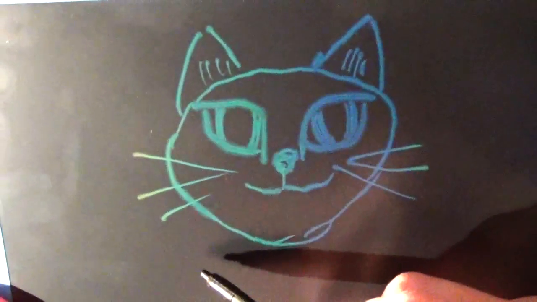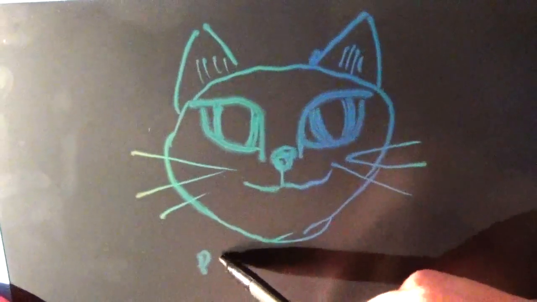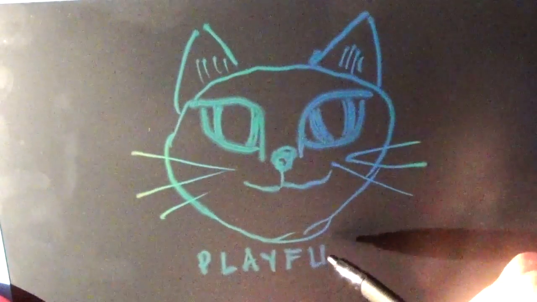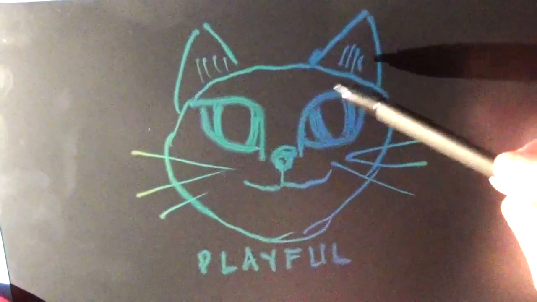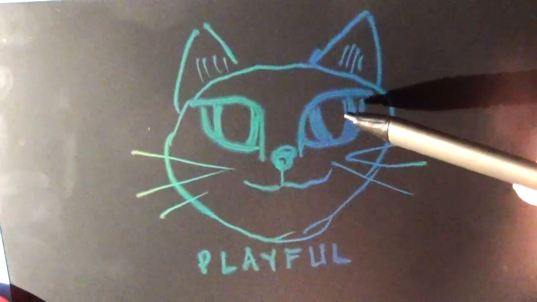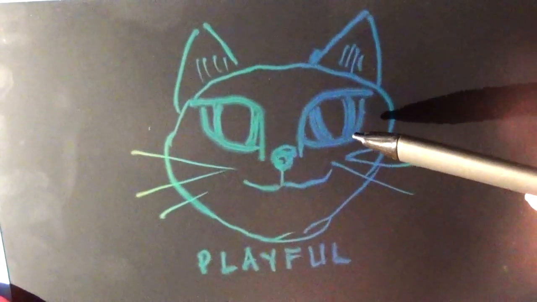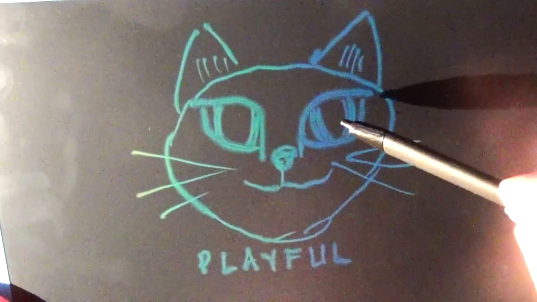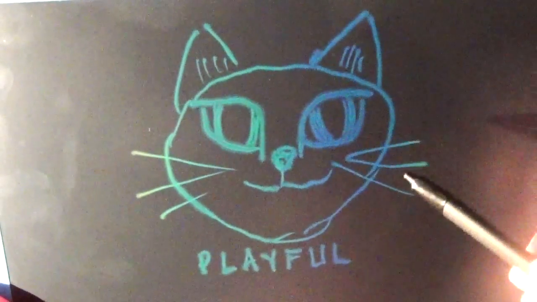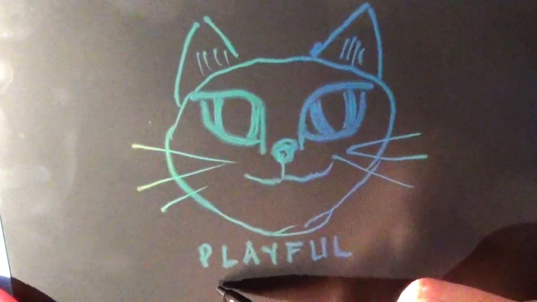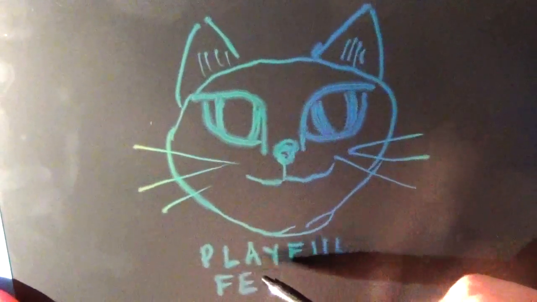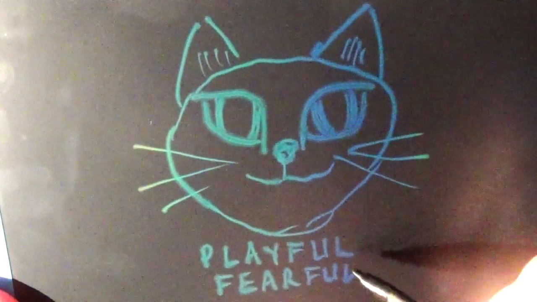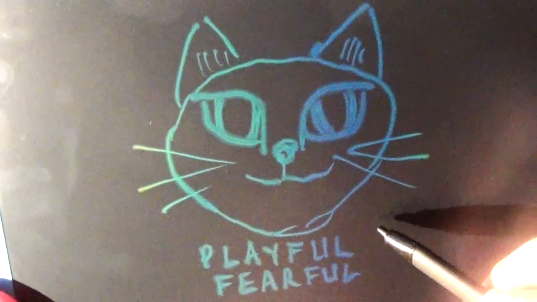On the one hand, the cat can be playful, because she is excited. She wants to get more information to the brain, so the pupils dilate. Or it can mean that the cat is fearful, or aggressive.